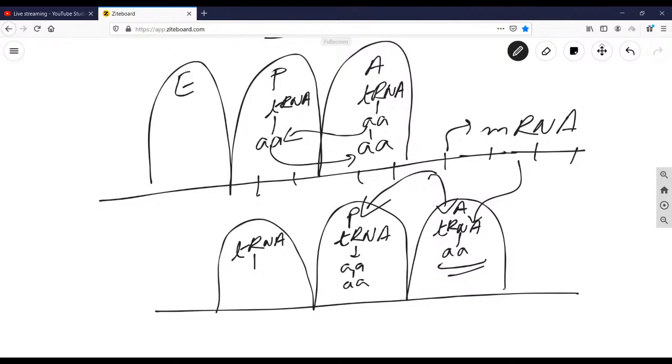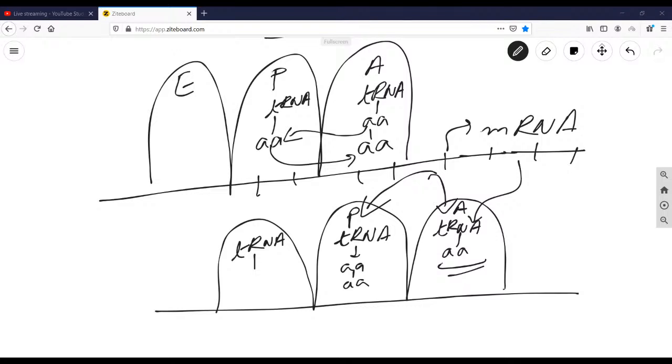That is IF2's mechanism, and IF1 also adds a little bit of reinforcement here. IF1 binds to the 30S subunit in the vicinity of the A site and prevents the first amino acid tRNA from entering.